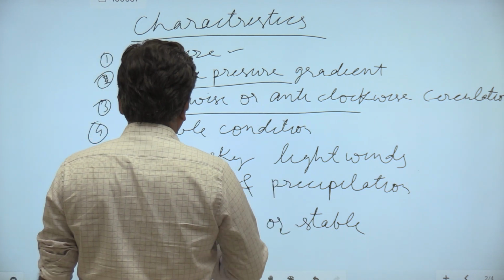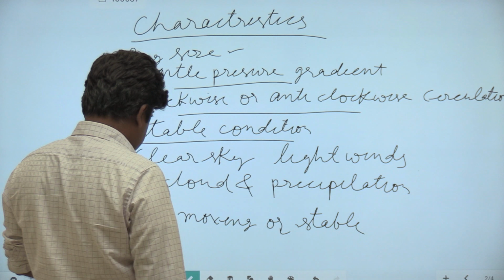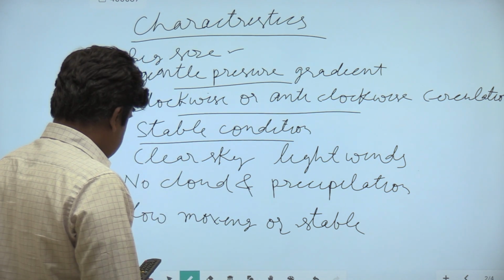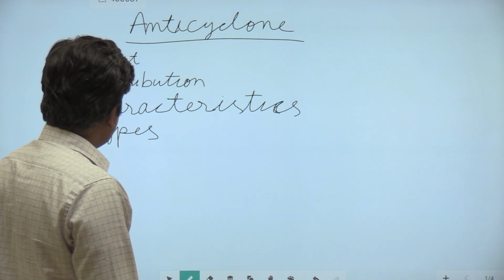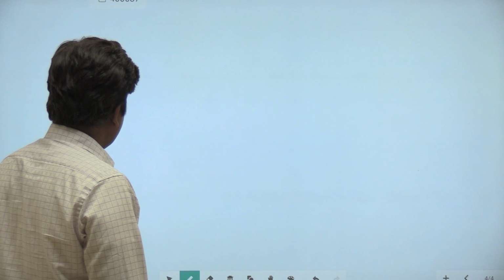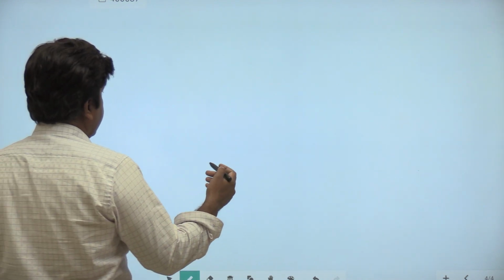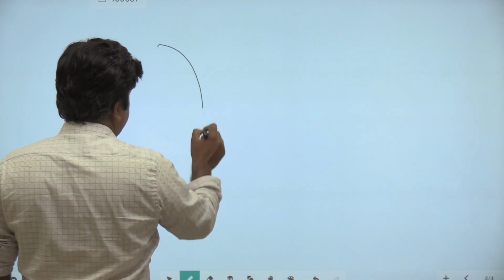Another characteristic of the anticyclone is a stable condition. Stable condition means that the air is subsiding. We will talk about stability and instability later on, but I will give you some idea. Stable condition means the air has a tendency to sink.